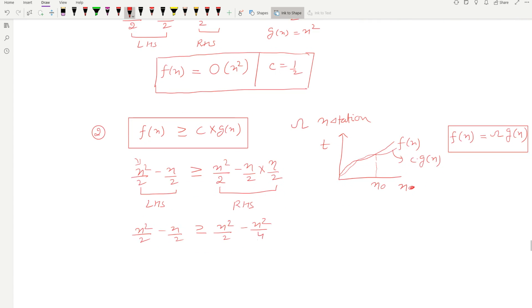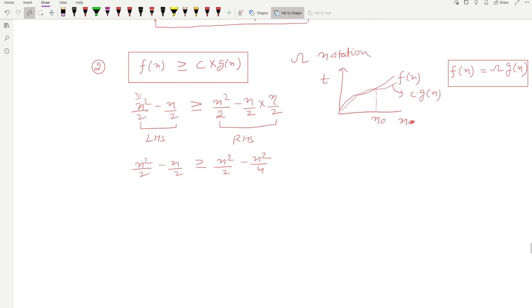Okay, so let's take the LCM here. So this becomes 4, and this is 2n square minus n square. So it is n square by 2 minus n by 2 greater than or equal to n square by 4.